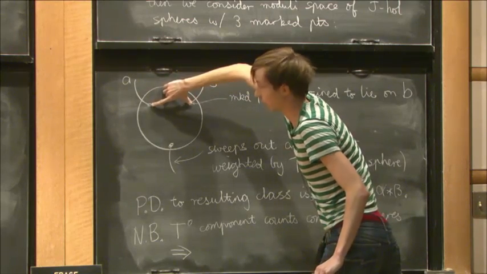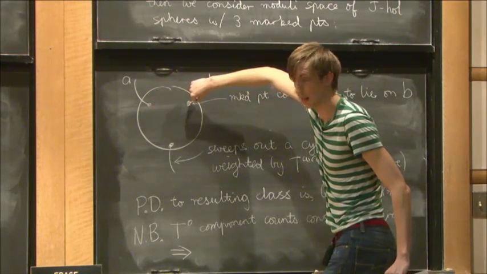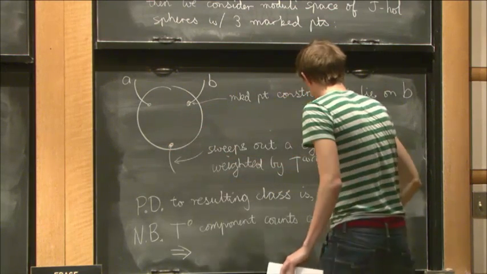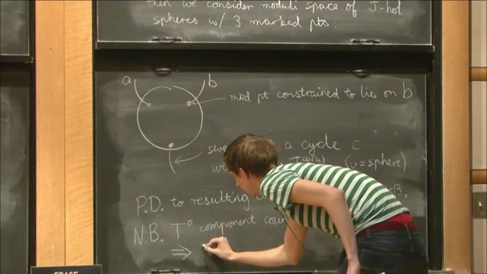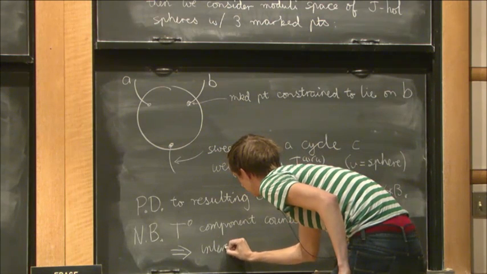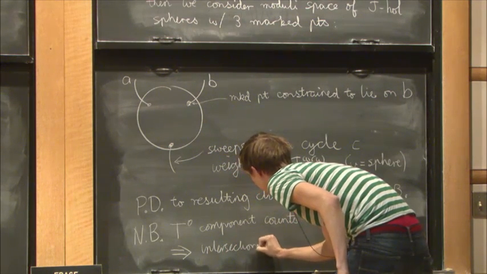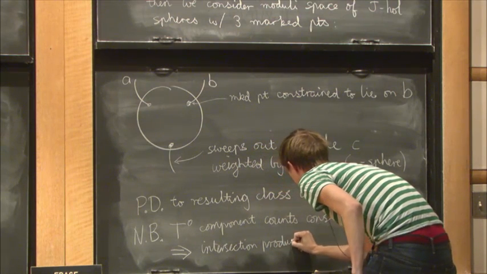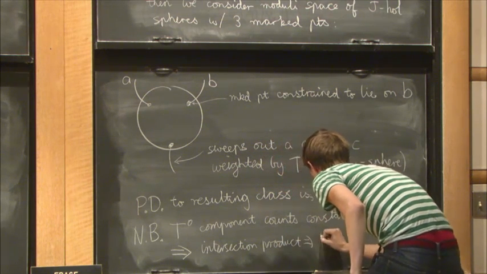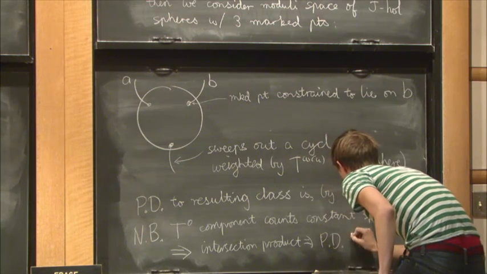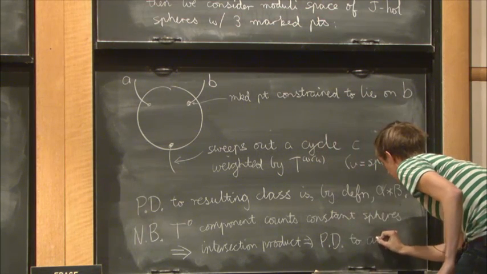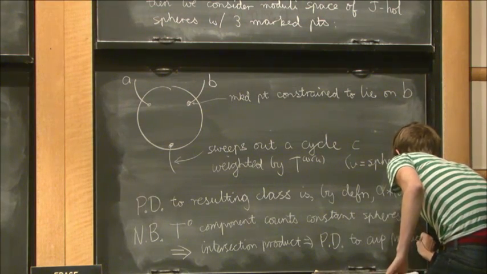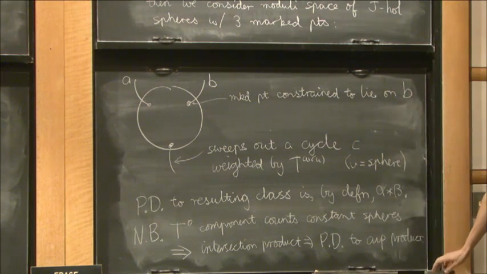So we get points which lie on the intersection of cycles A and B, and then whatever that intersection sweeps out. So that's the intersection product on homology, which is Poincare dual to the usual cup product on cohomology.